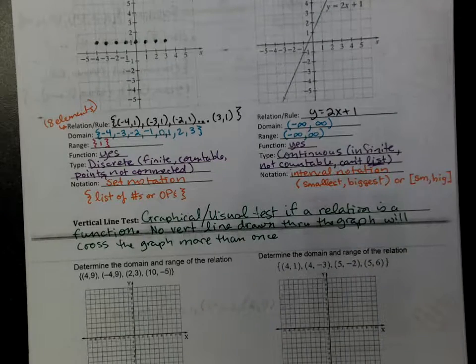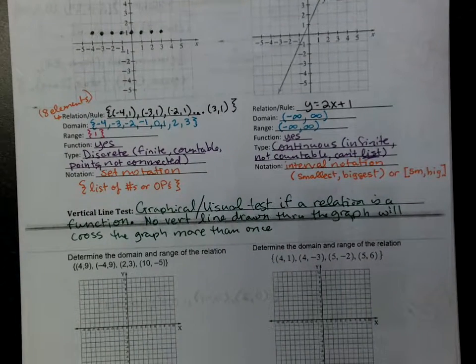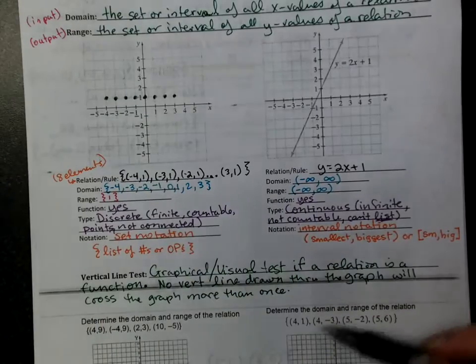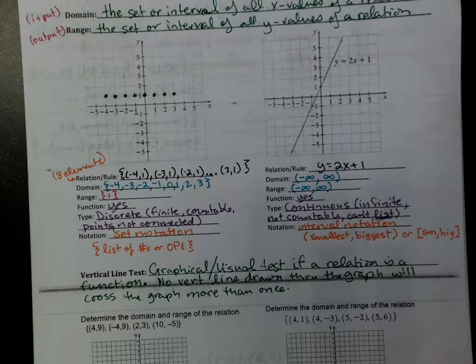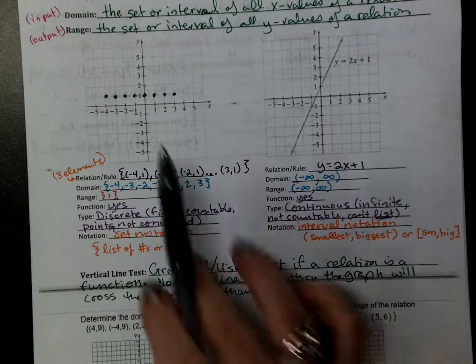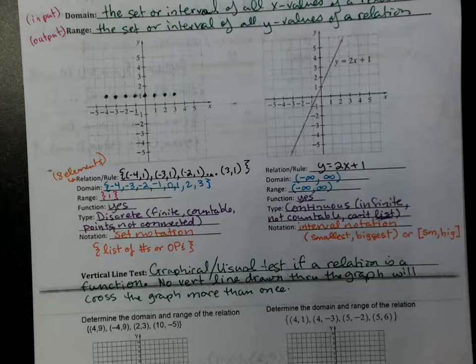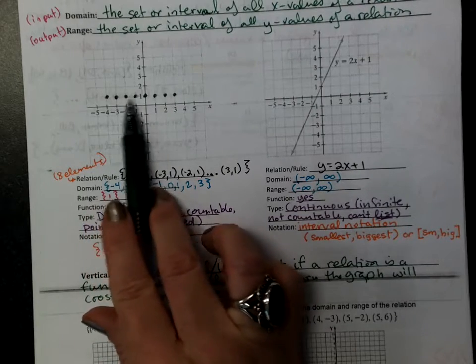Okay. Yes? You know how the problem on the top left with the discrete points is not continuous, it doesn't go on forever? Let's say there was a line that went through every single point in between.